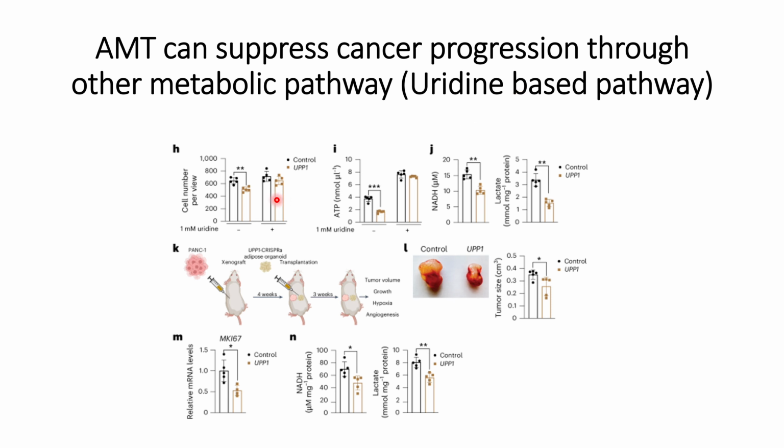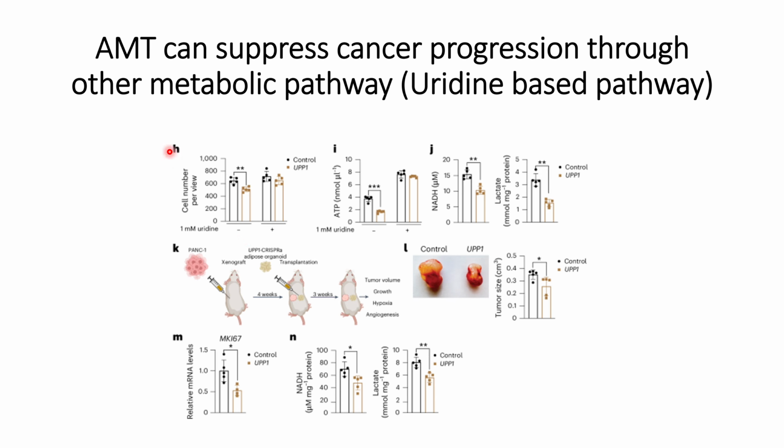So in order to do that, they use this gene UPP1, and the upregulation of these UPP1 genes will cause high uridine pathways requirement by the adipose cells compared to its control, where they use VP64 gene.